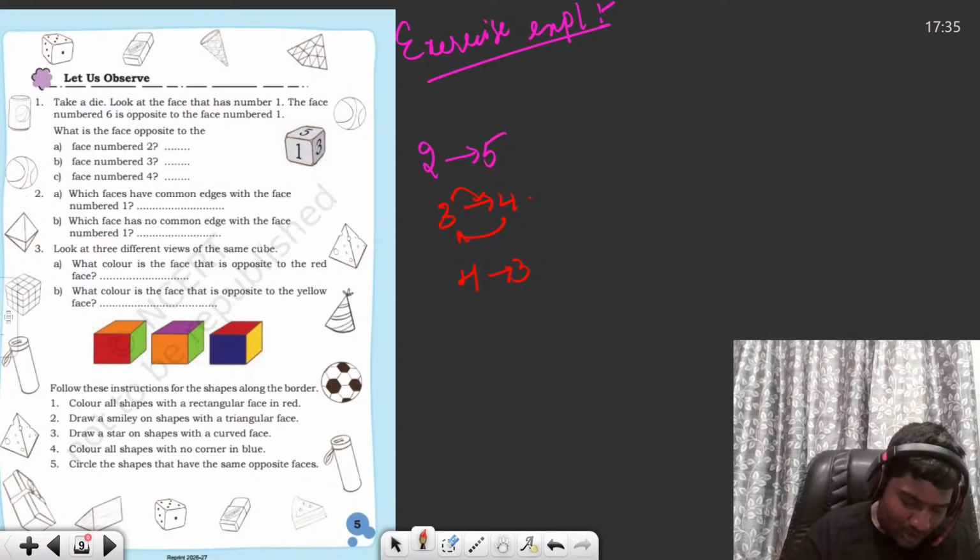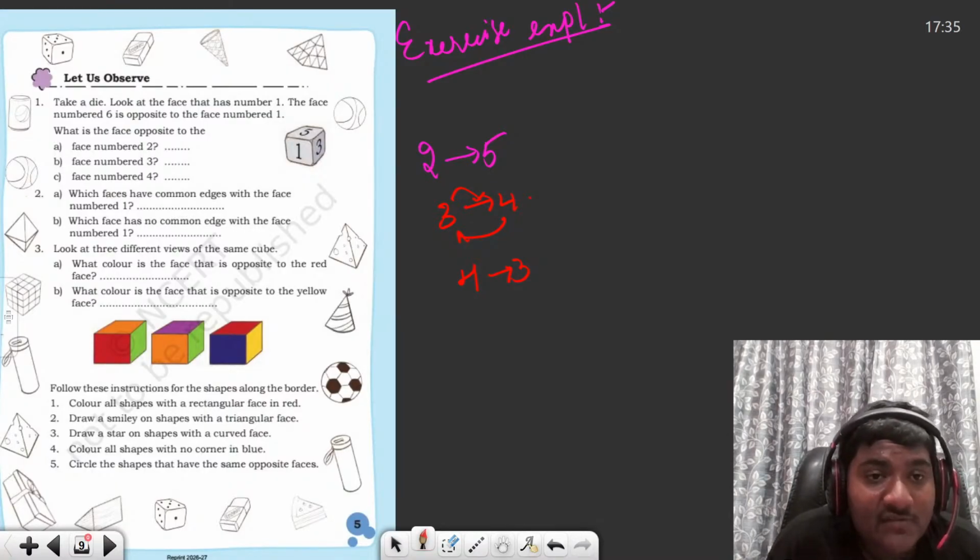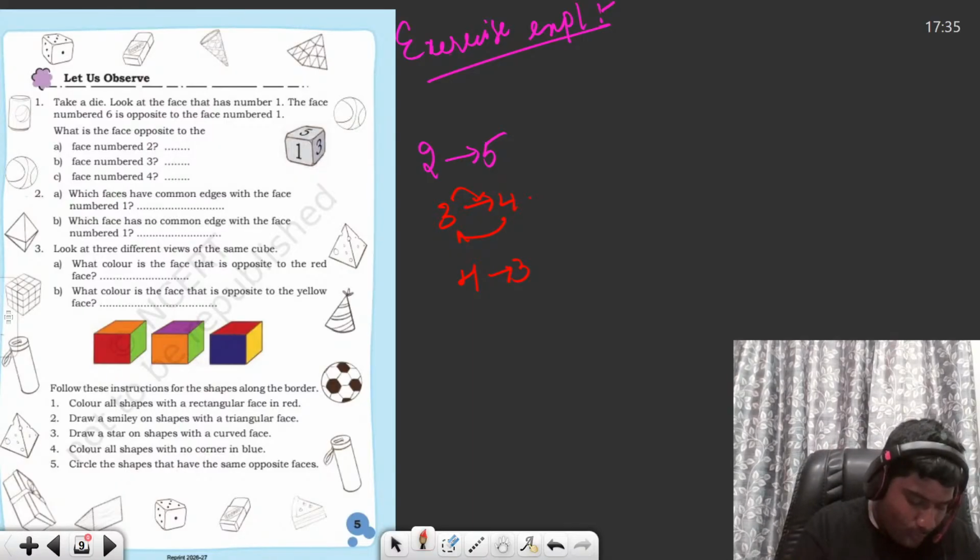So coming to the second question, which faces have common edges with the face numbered 1, children? So faces 2, 3, 4, 5 have common edges with face 1.